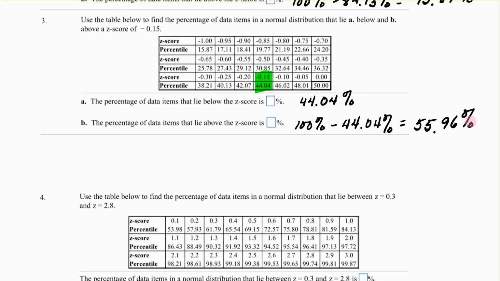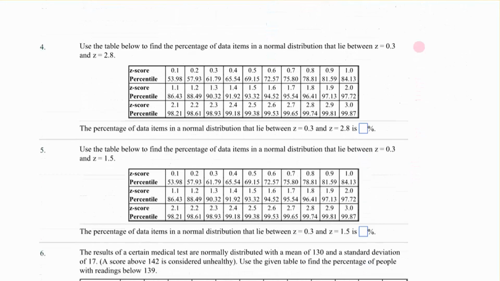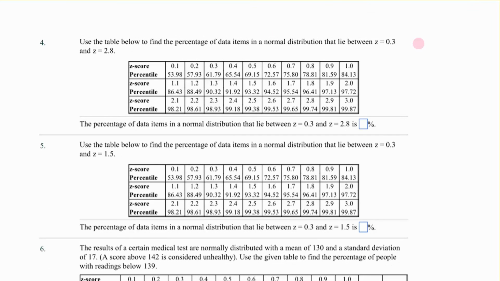All right. Now we're going to change it up just a little. It says, use the table below to find the percentage of data items in a normal distribution that lie between a z-score of 0.3 and 2.8. All right, let's find those. 0.3 and 2.8.